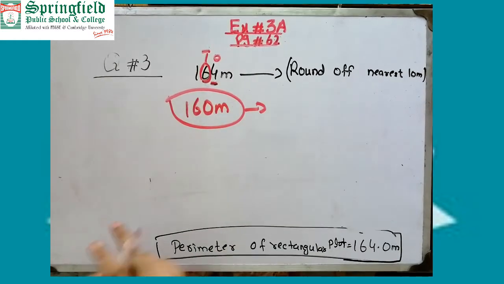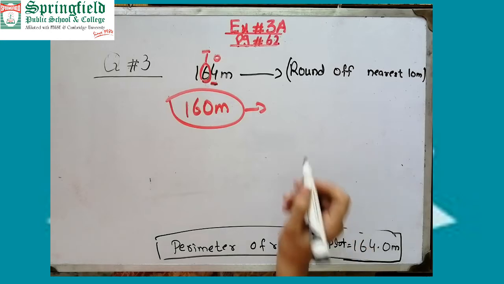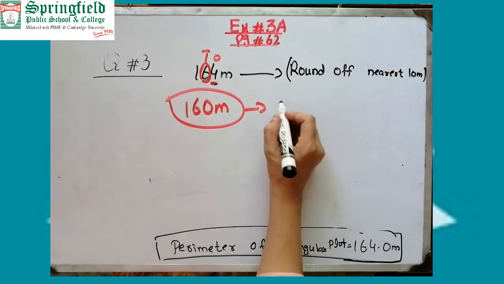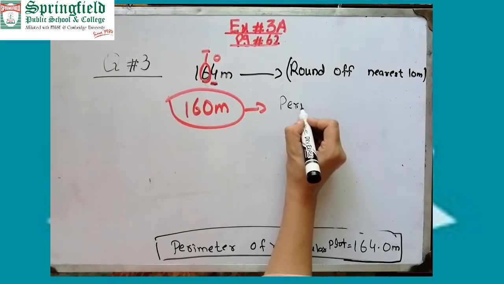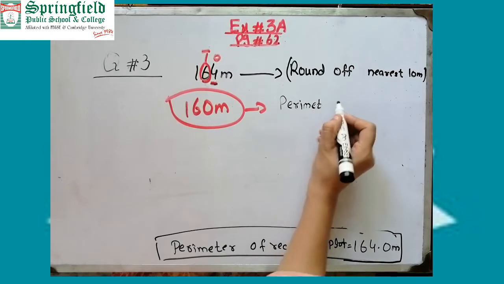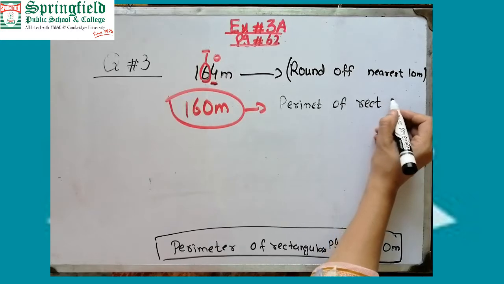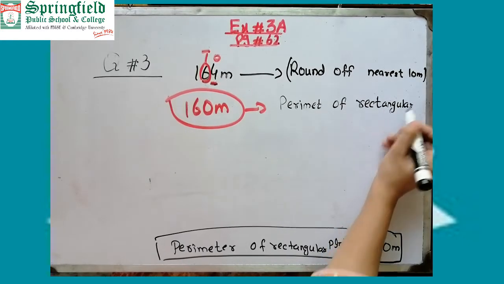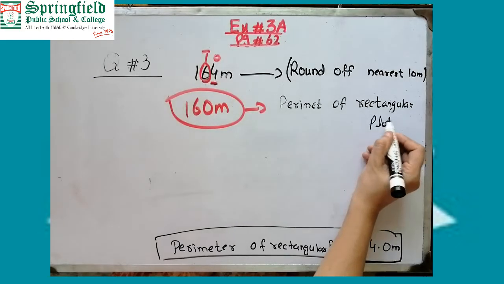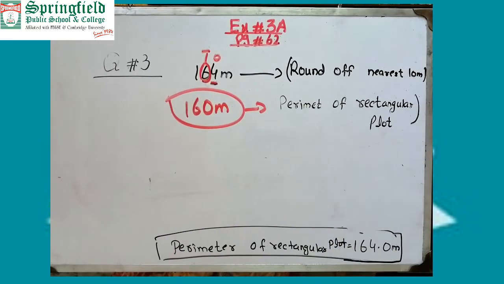This is the perimeter after rounding to the nearest 10. Perimeter of rectangular plot. Understood, beta?